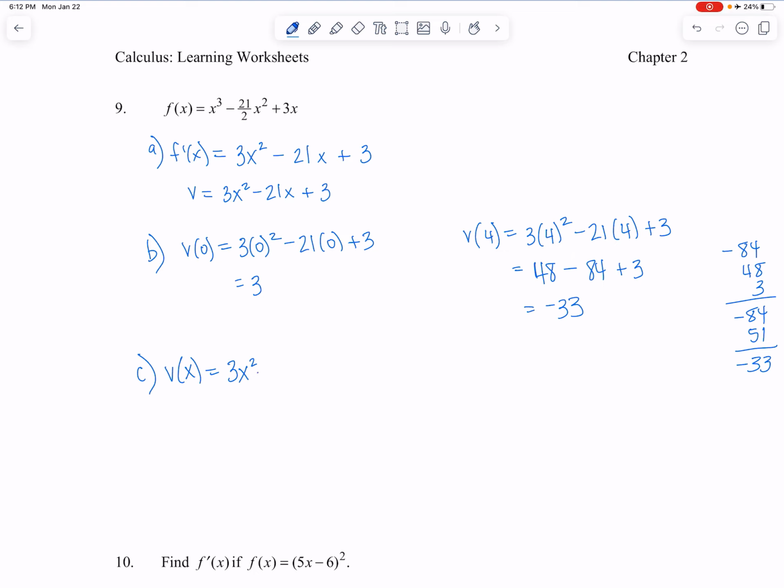Okay, C, we're looking at when is our velocity 0? 3x squared minus 21x plus 3. When that is 0, well, let's pull out a 3. X squared minus 7x plus 1.